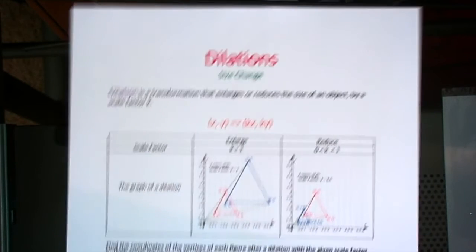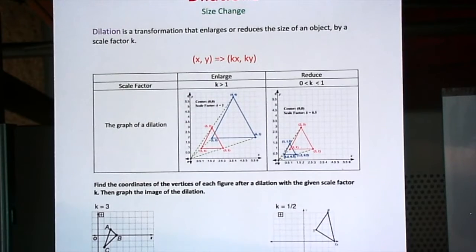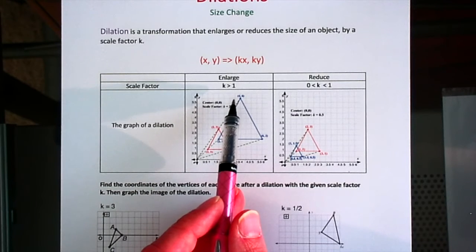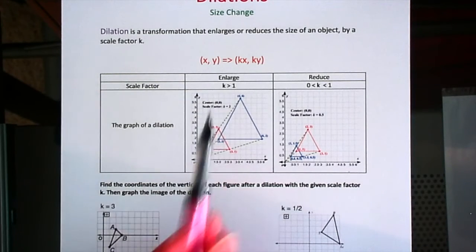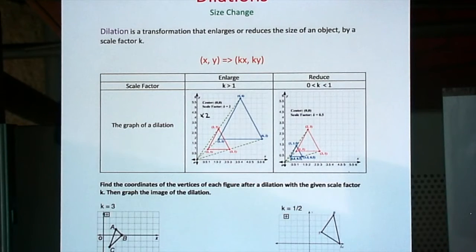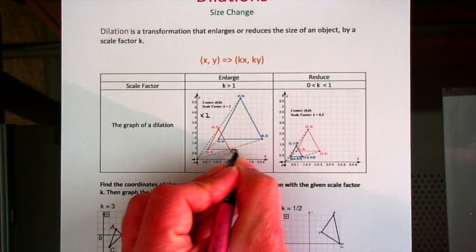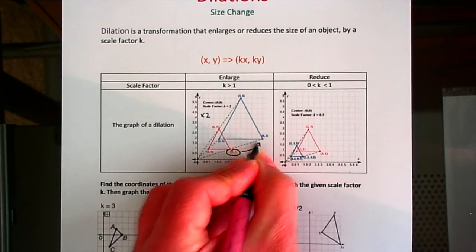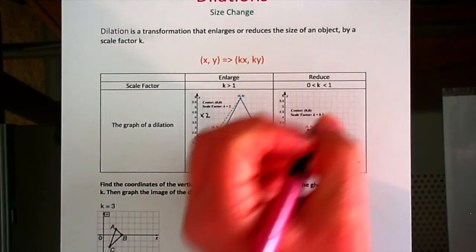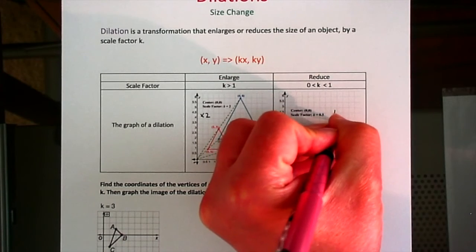So if I take a look at these two graphs, here when I enlarge it, it's getting bigger. I know it's kind of hard to see, but what they did is they took every point and multiplied it by 2. So they made everything 2 times bigger. They took every number here and multiplied it by 2 to get the numbers over there. Now in this one, they have a scale factor of 0.5, which is the same as 1/2.